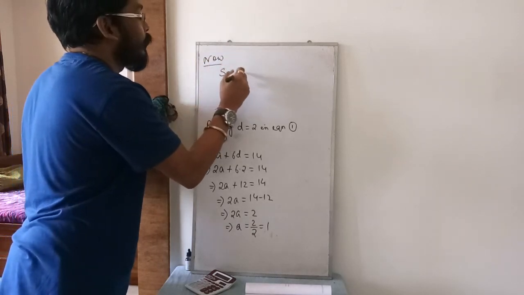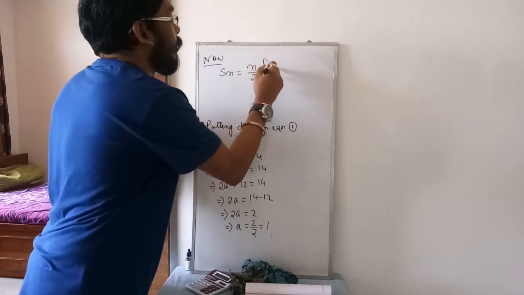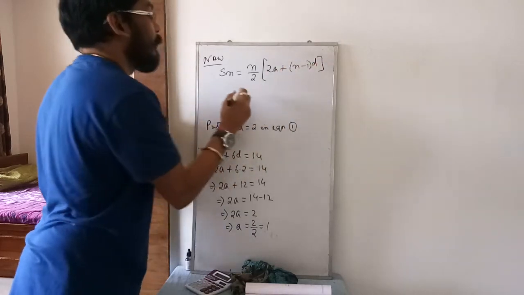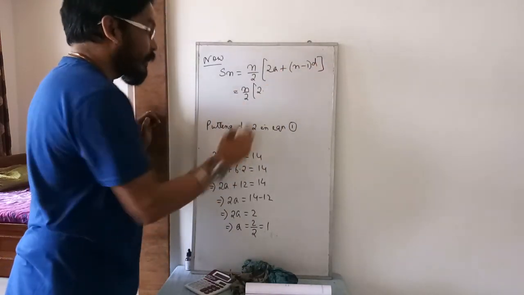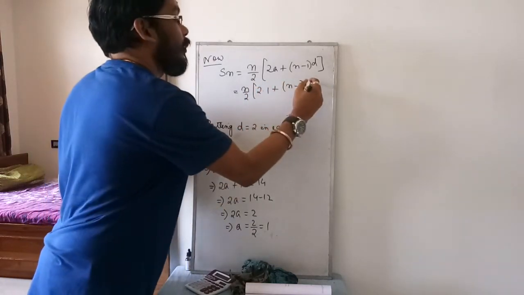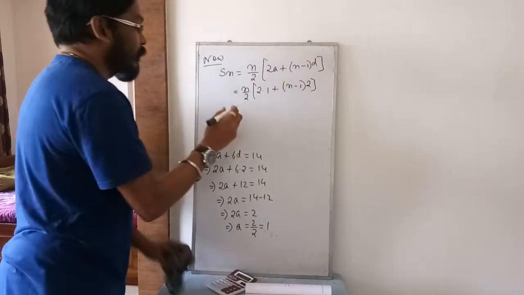So Sn equal to n by 2 into twice a plus n minus 1 into d. So n is your n only, your a is your 1, and d is your 2. Now I'll multiply and do the further calculation.